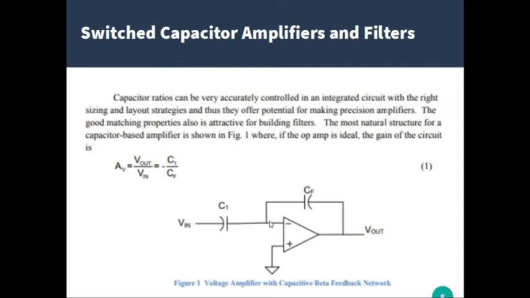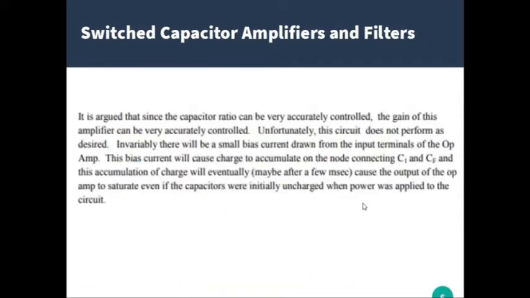Since the input of the op-amp, which ideally should be zero current, on actual op-amps there will be some current or some charges that will accumulate here. Because of those charges, it saturates the node here, affecting the performance of the gain of C1 and CF. So that is the problem encountered with this configuration.